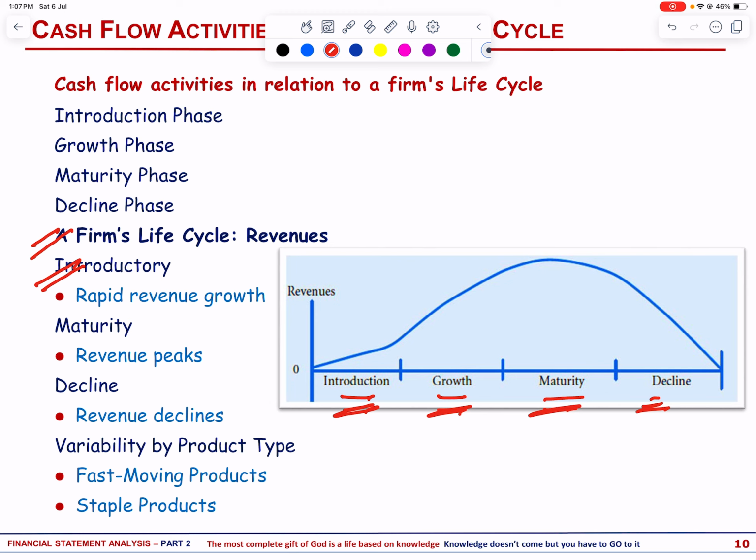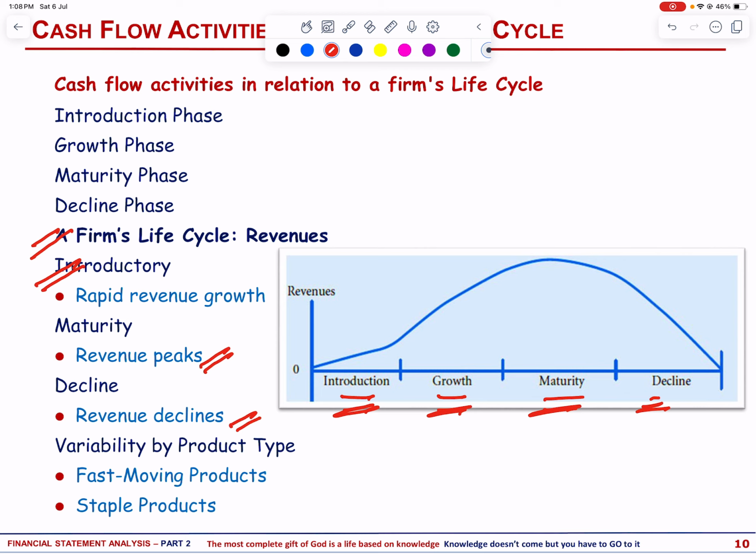During maturity, revenue peaks as the product reaches widespread adoption and stable market presence. During decline, obviously, revenue starts to decrease as customers' preferences shift towards newer alternatives.